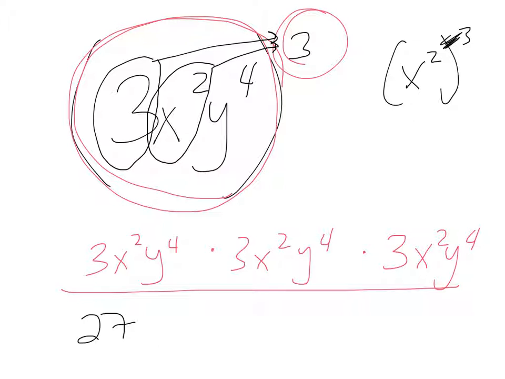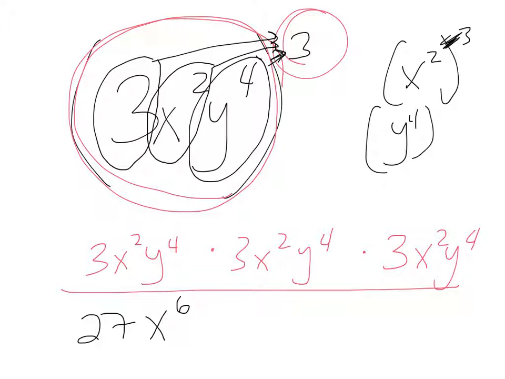Power to a power, you multiply the exponents, so you have x to the 6. And then here you have y to the 4 to the 3. You multiply exponents, right? So y to the 12. So you really got to look out for what they're asking you to do.